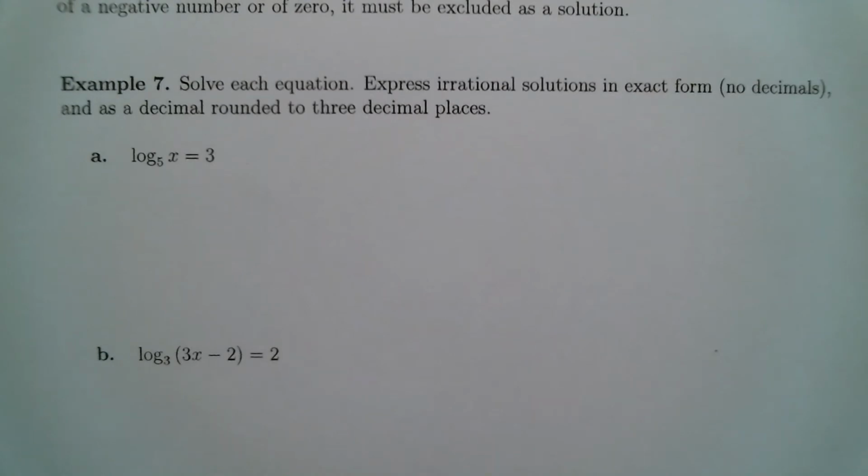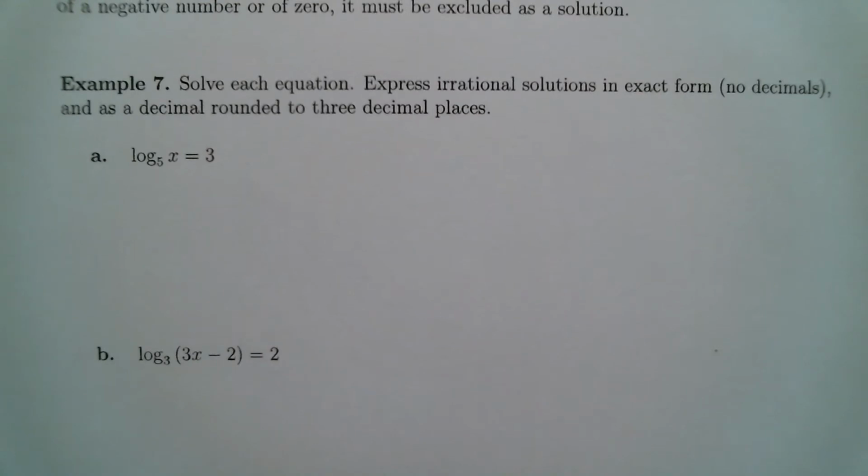In example 7, we're going to solve each equation, express irrational solutions in exact form, no decimals, and as a decimal rounded to 3 places. What this whole thing about an irrational solution means is you may get a funky looking answer for some of these.